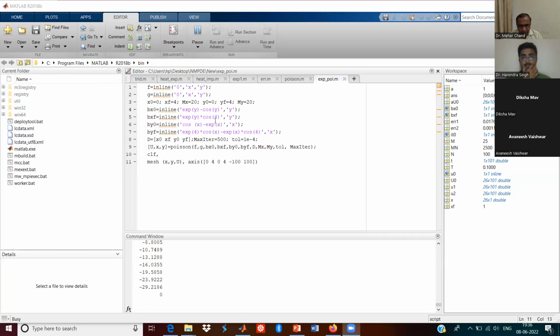That is why the program is taking time. If the space variables were 0 to 1, 0 to 1, then it would produce the result very easily. Many calculations are required for MATLAB, so it is taking time.